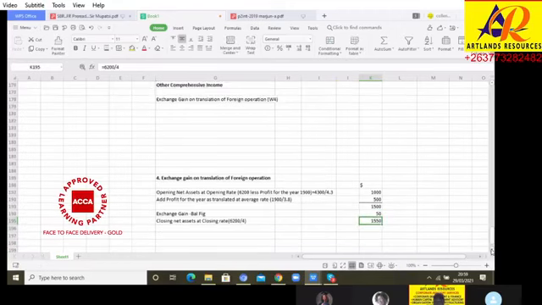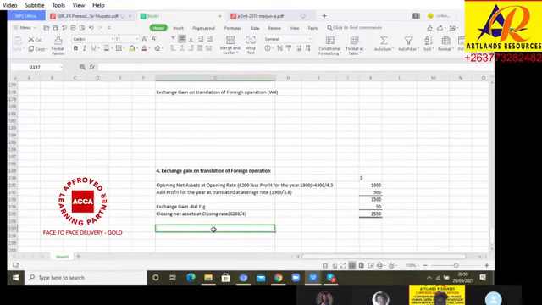So you now say total exchange gains. There are now two total exchange gains. It's like on Goodwill plus on net assets.